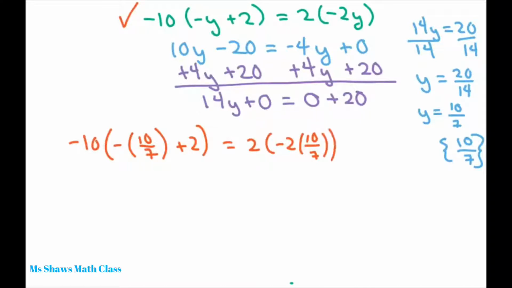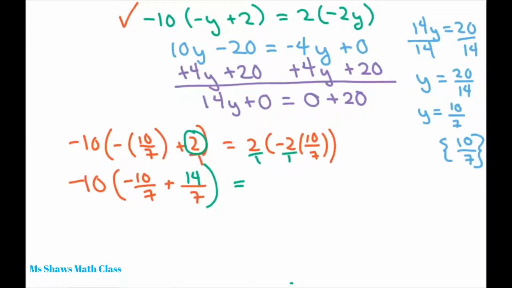Okay, so we have our negative 10. And what we want to do here, I'm going to put this 2 in fraction form, and we need a common denominator of 7. So all you do is take your numerator and multiply it by 7. And on this one, you're just going to multiply through. You can put these in fraction form, since there's no addition or subtraction.